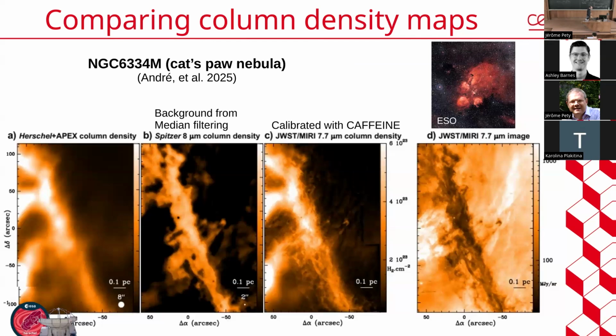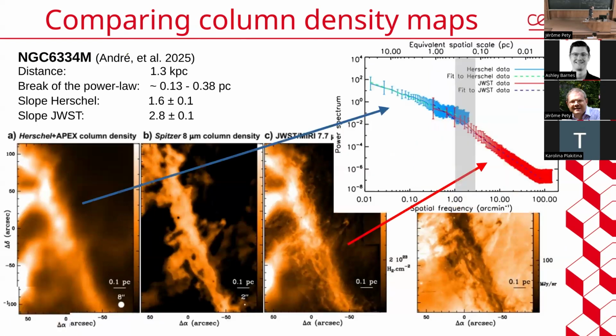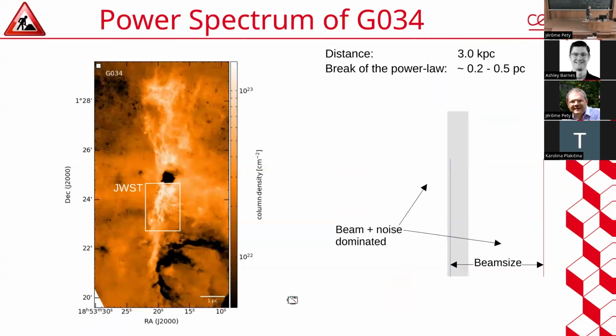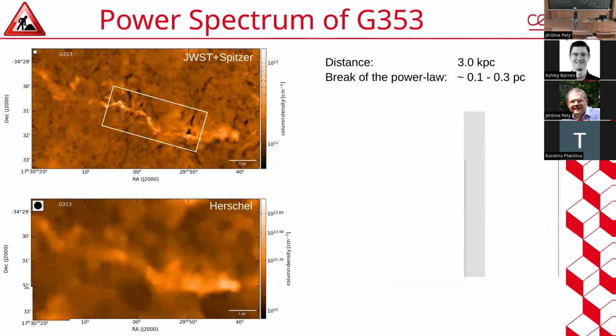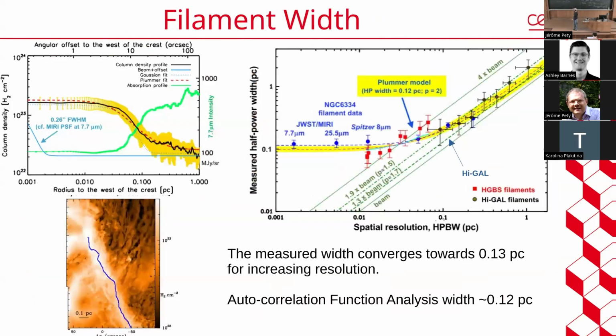Well, saturation definitely can be an issue, but this profile here in green is the intensity profile. So it fits what we see in column density as well. It's very similar. But there might be some differences.